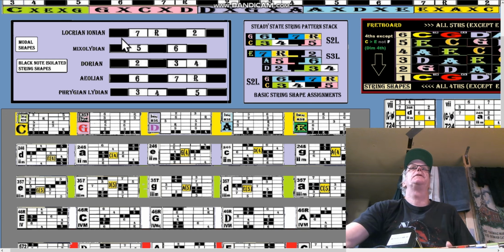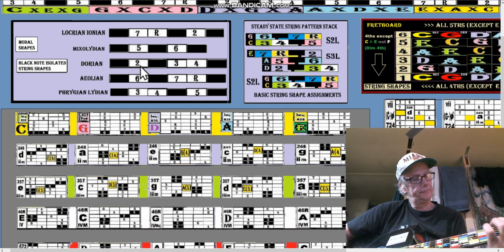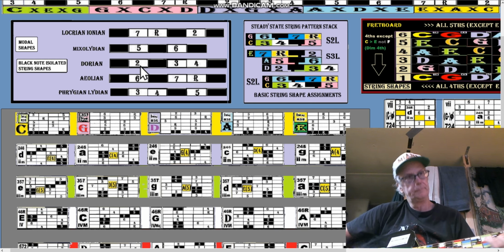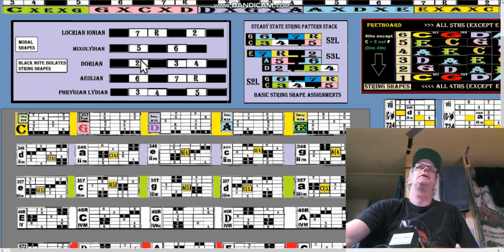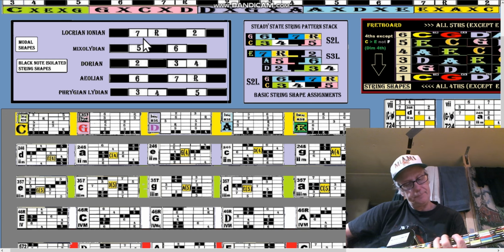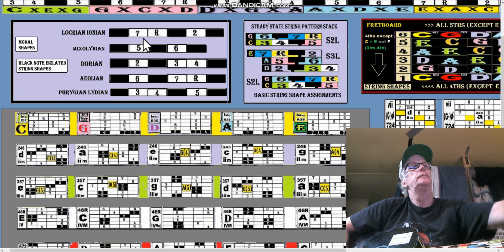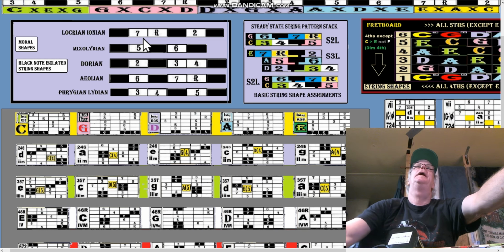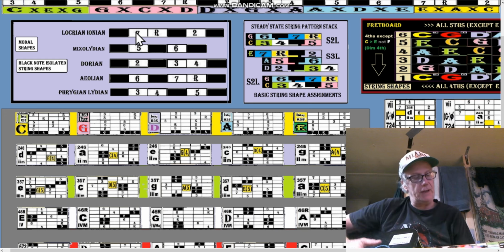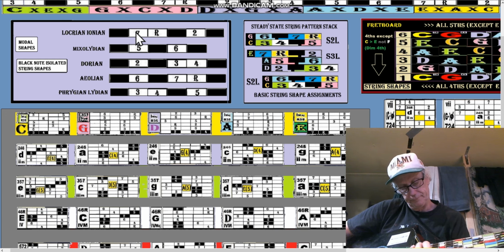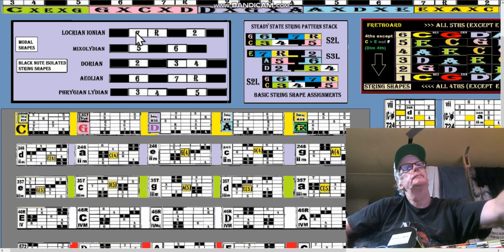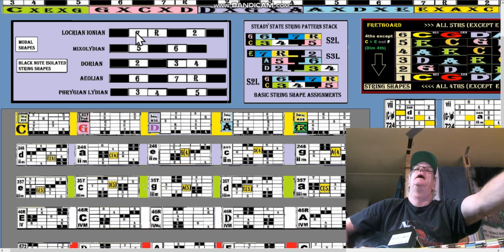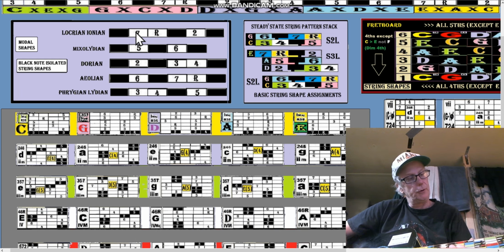Dorian would be the 2nd. Mixolydian would be starting from the 5th. And Locrian would be starting from the 7th. And then Ionian would be starting from the root.